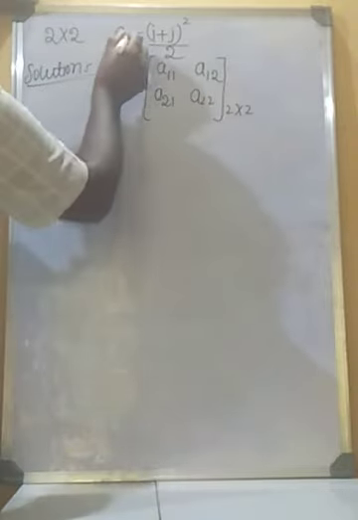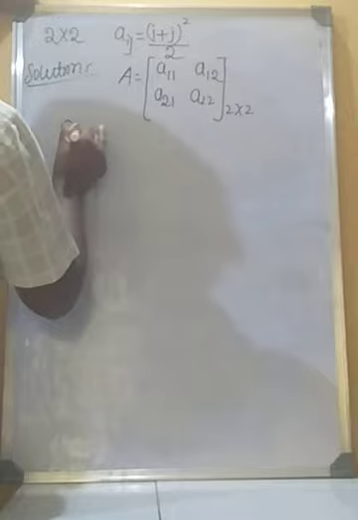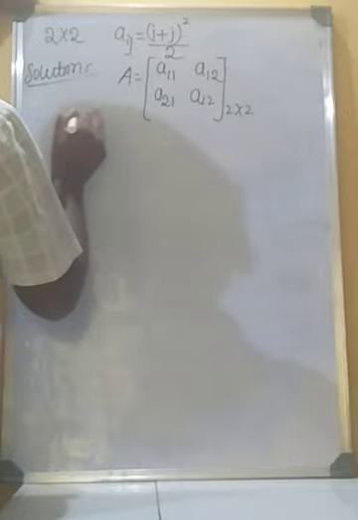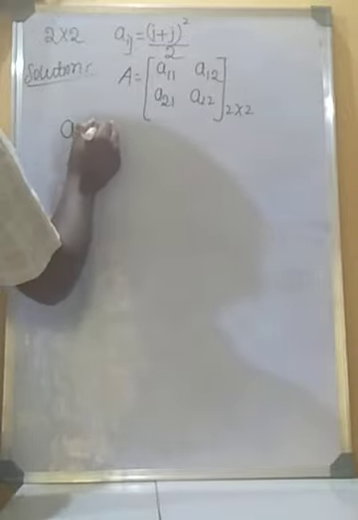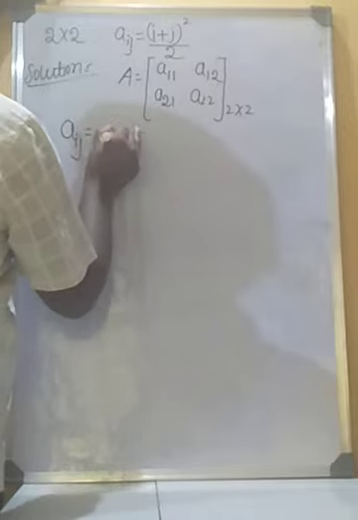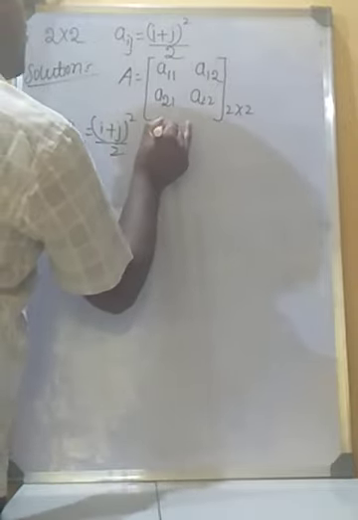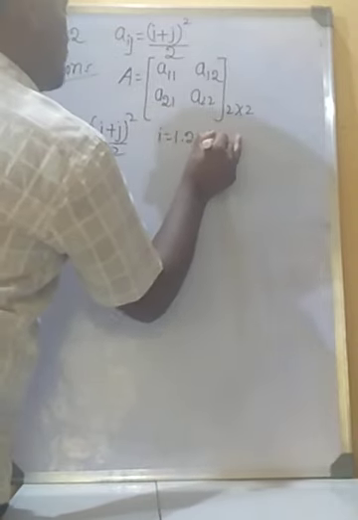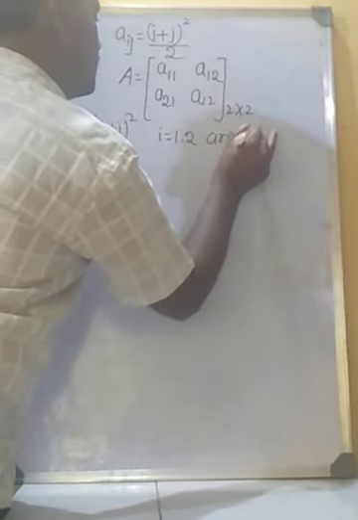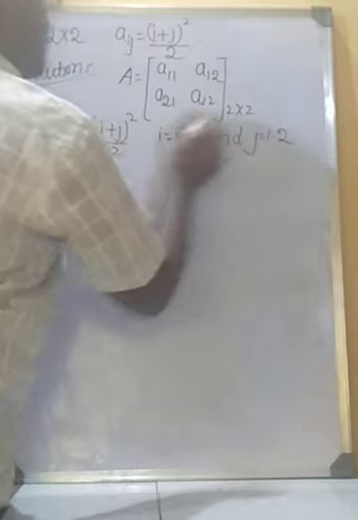So now Aij is the element (i plus j) whole square divided by 2, where i is equal to 1, 2 and j is equal to 1, 2.